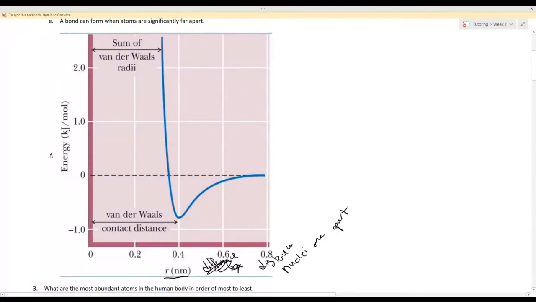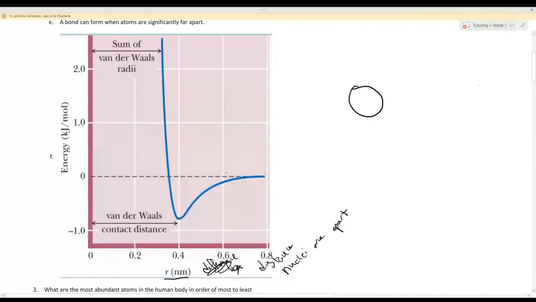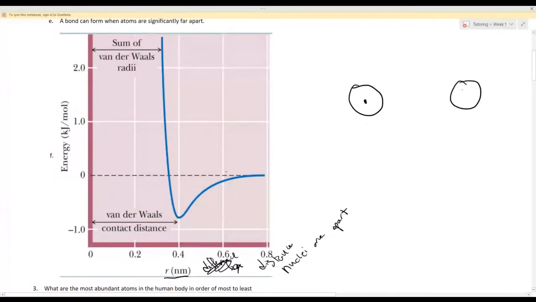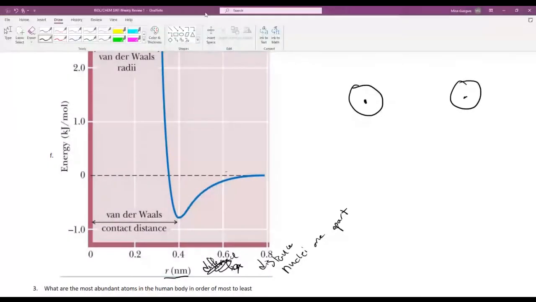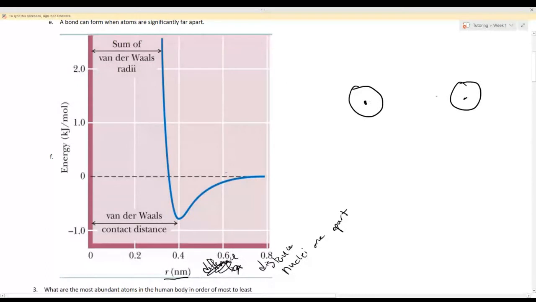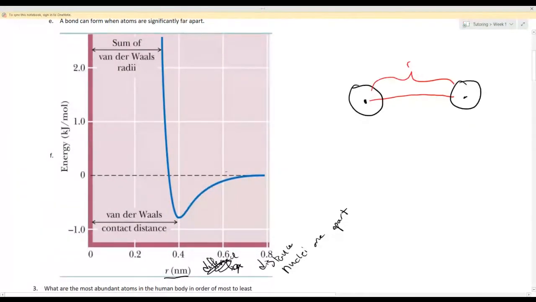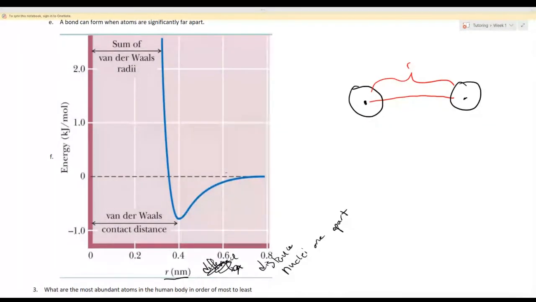So in other words, if you have one nucleus, or if you have one atom here and one atom here, and these are their nuclei, and actually I want to change color for this. R is this unit in red. Okay? And the reason that this is important is because it affects the energy profile significantly.